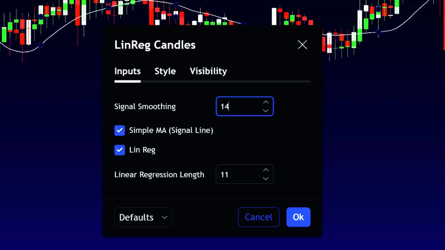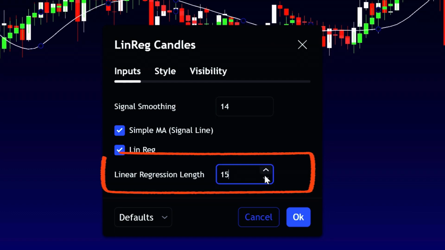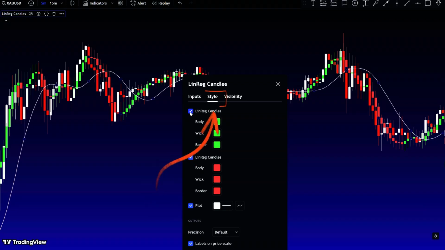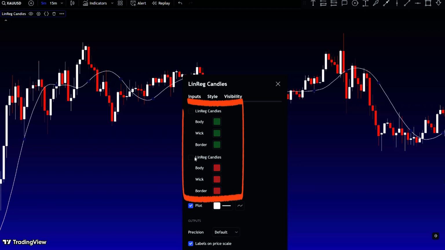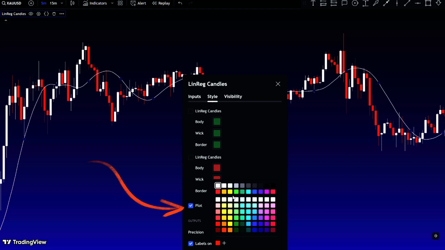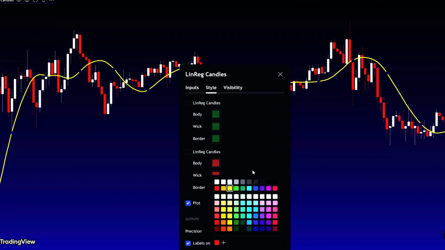And the linear regression to 14 as well. After that, hop on over to the Style tab and turn off both linear regression candles options. Lastly, feel free to tweak the plot option to make it easier to see on the chart. And that's all there is to it.